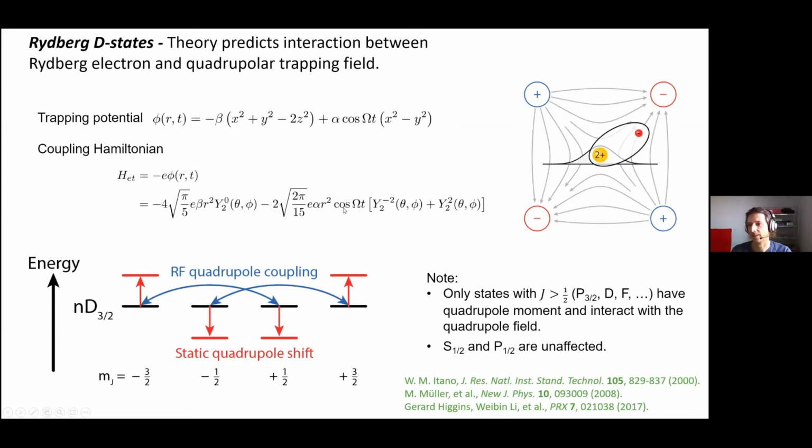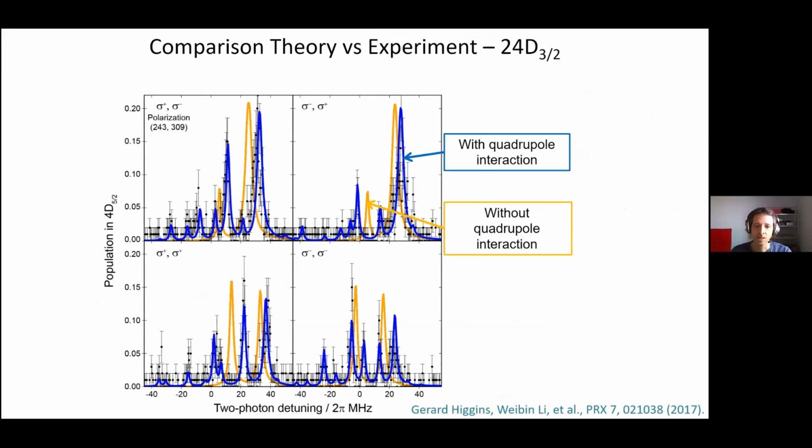So you have to calculate Floquet levels in this oscillating quadrupole field. If you do that and simulate a spectrum, you see that the spectrum doesn't match the theory without quadrupole interaction, but you have to take this quadrupole interaction into account to match where all of these lines are.